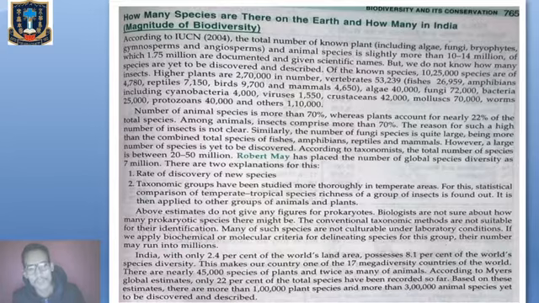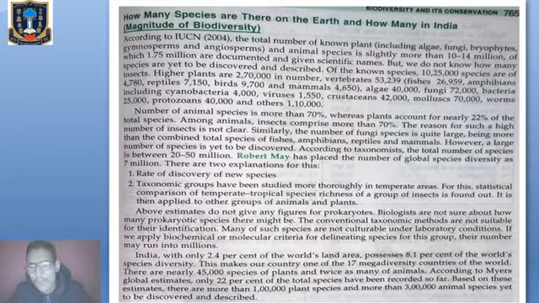According to IUCN, International Union for Conservation of Nature and Natural Resources, in the year 2004, the total number of plant and animal species is slightly more than 10 to 14 million.